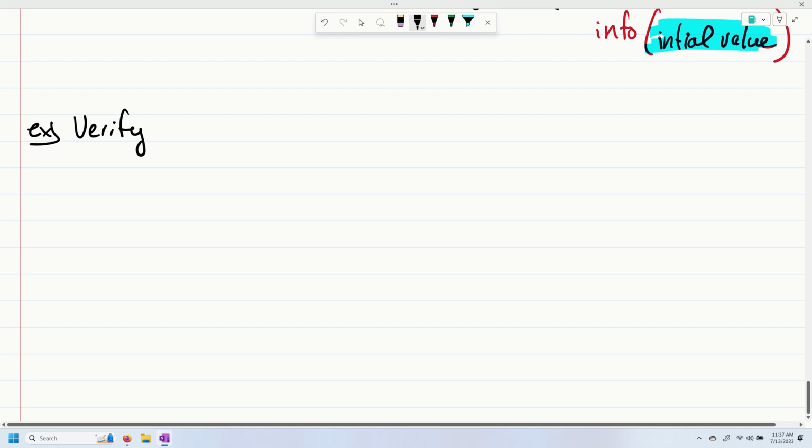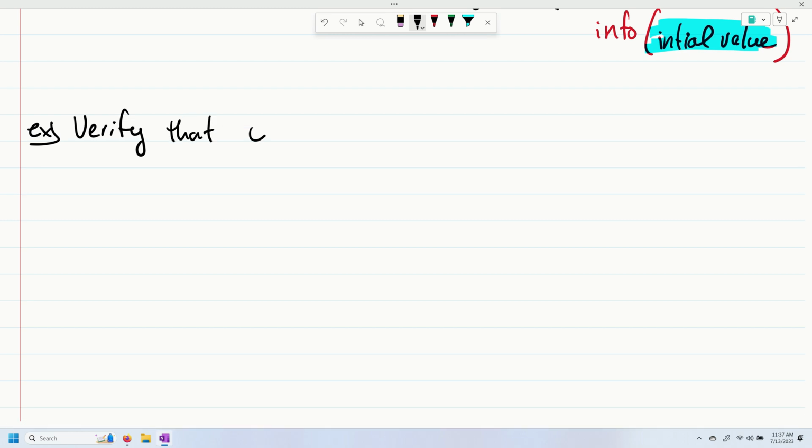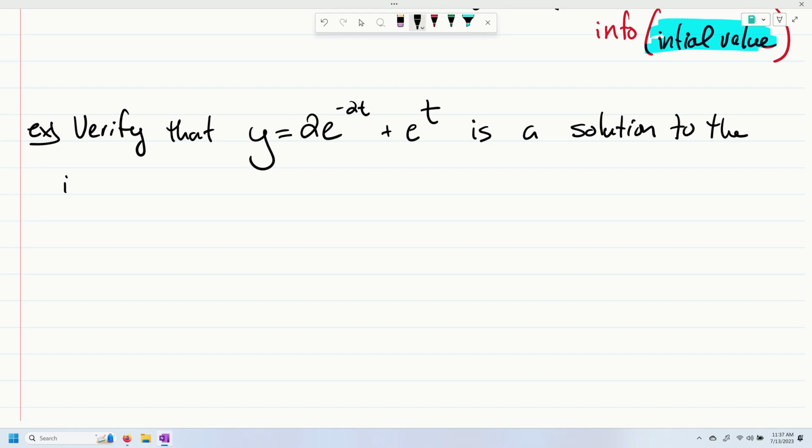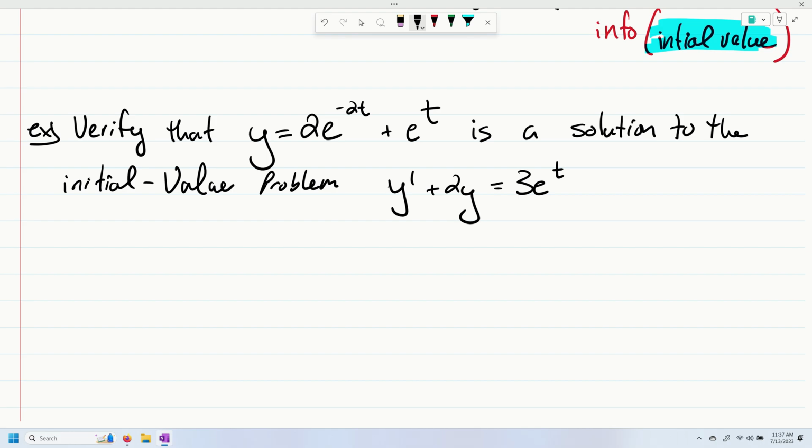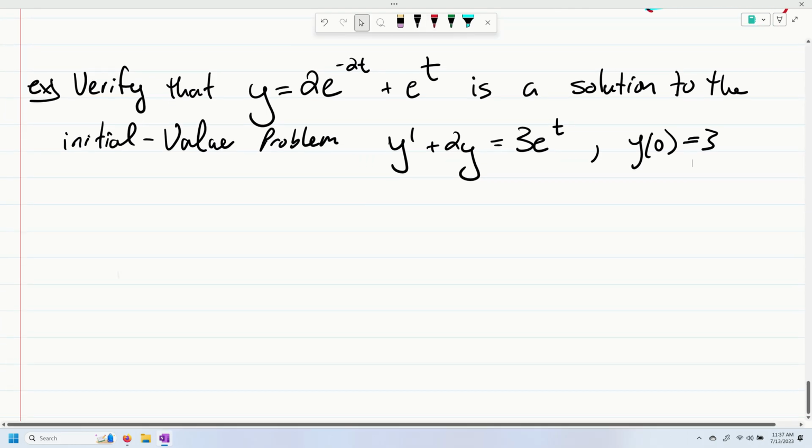So verify that y equals 2e to the negative 2t plus e to the t is a solution to the initial value problem y prime plus 2y equals 3e to the t, where our initial value is y of 0 equals 3. So go ahead, write that down.